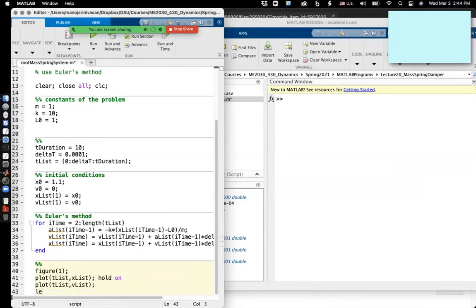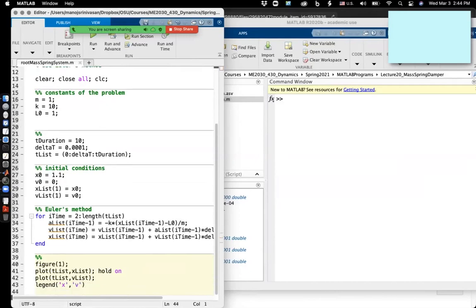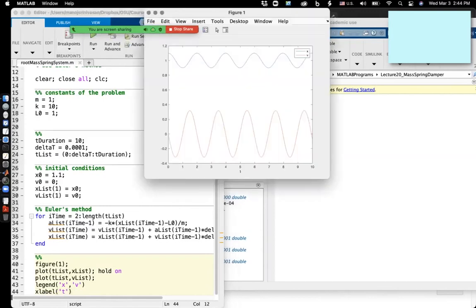And then we go legend, x, comma, v, if you want. And the x label is time. Let's just run the whole thing. Okay, so that is it.